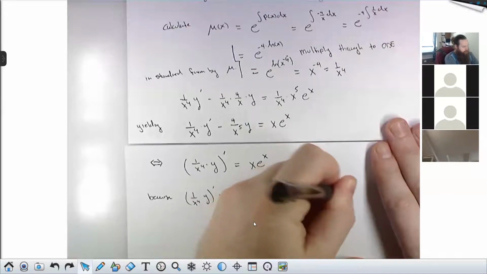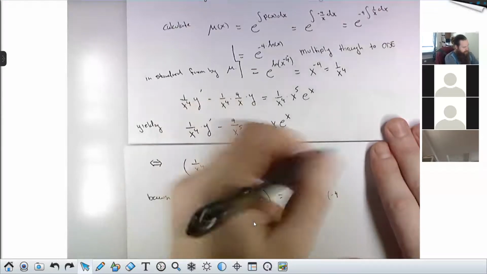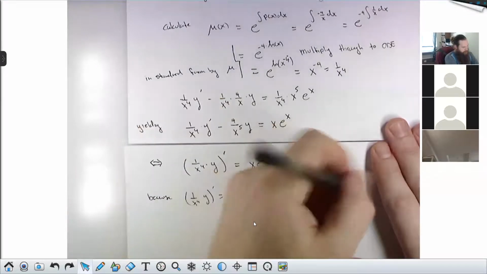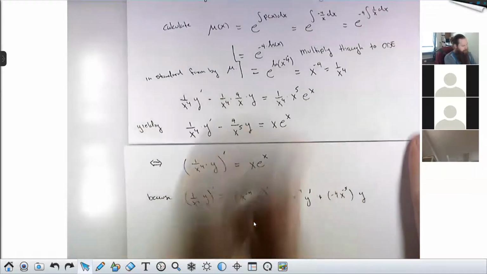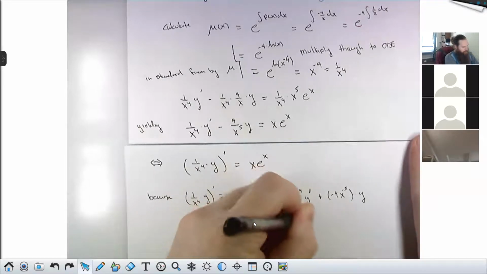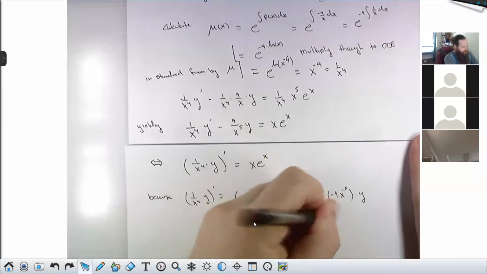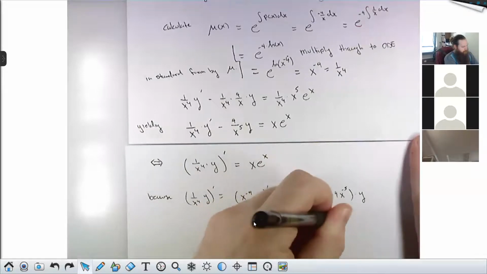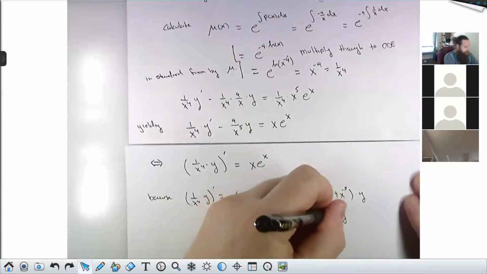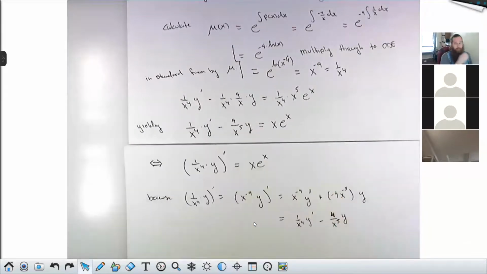I get -4 x to the -5 y. And that really is 1 over x to the 4 y prime minus 4 over x to the 5 y. And that's my left-hand side, right?